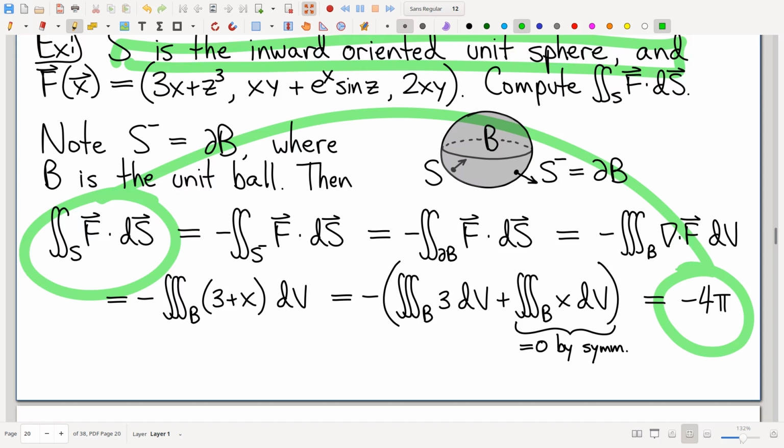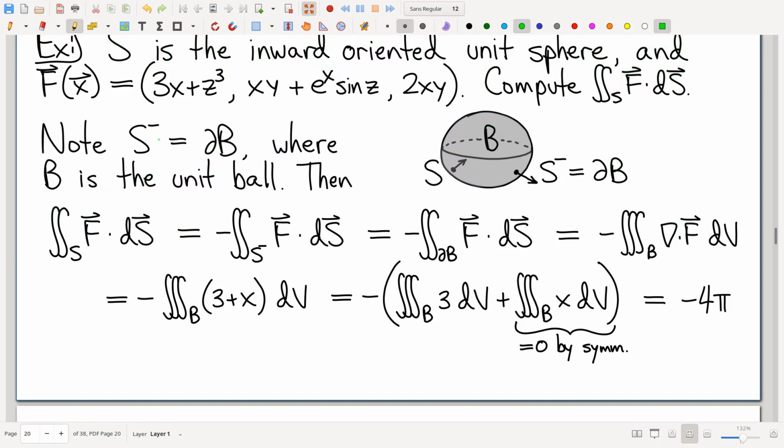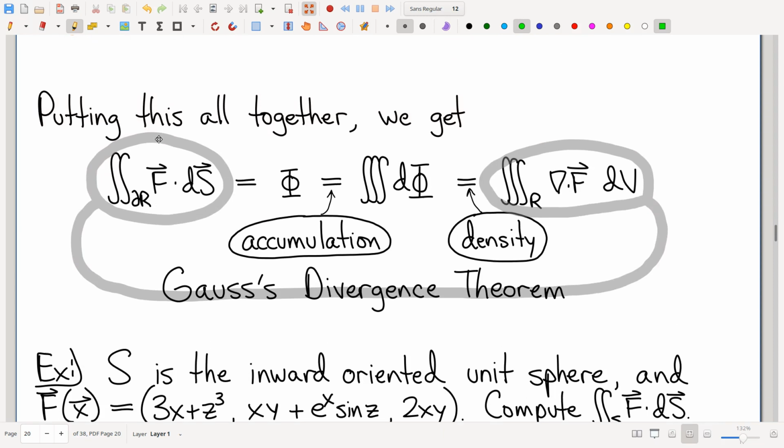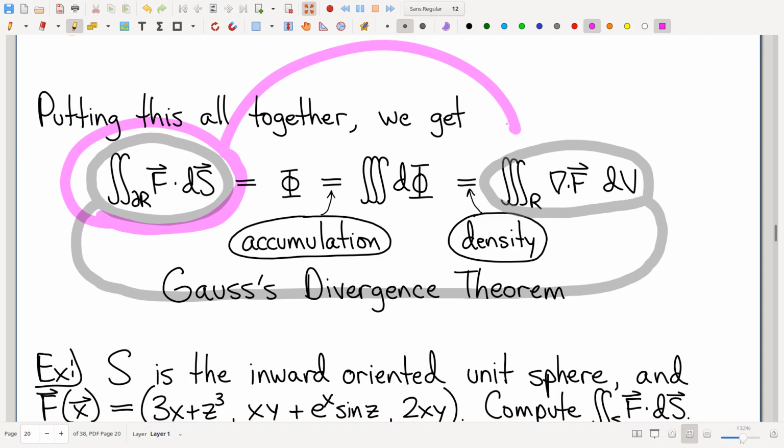So the whole purpose of this is to change the surface integral to just a triple integral. I think it's a little overstating to say that's the whole purpose, but that's the punchline we're capitalizing on here. If I'm interested in a flux, then I have an opportunity to reconceive of it as a triple integral over a solid.